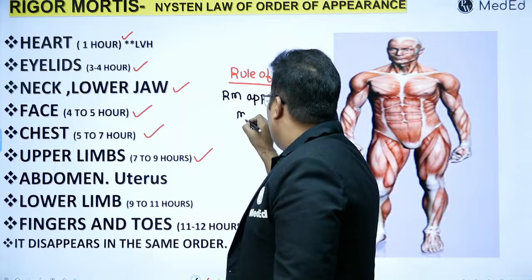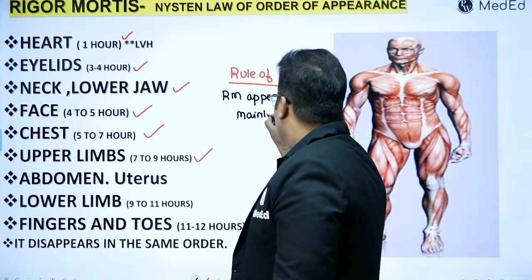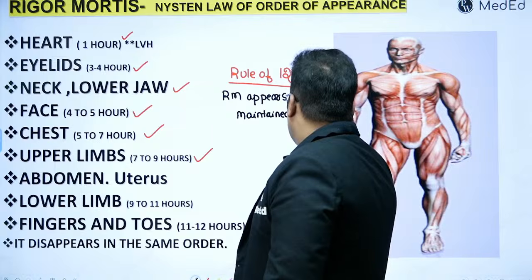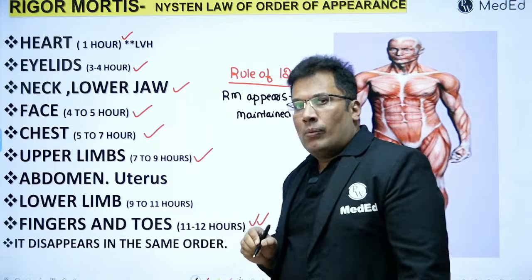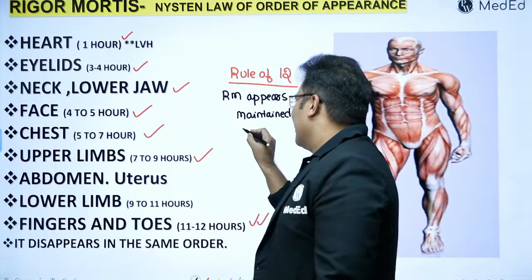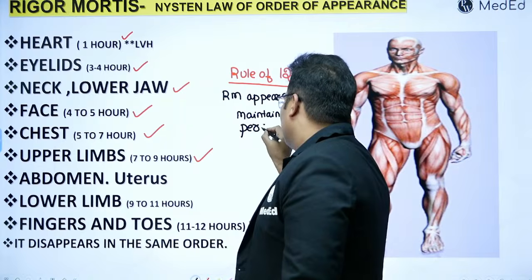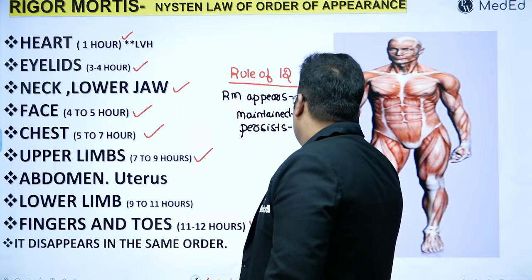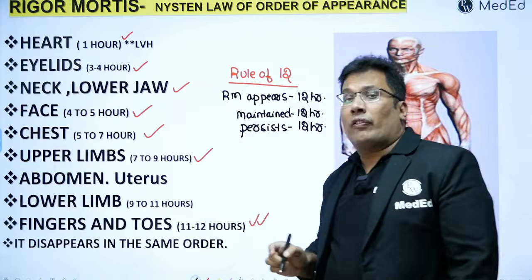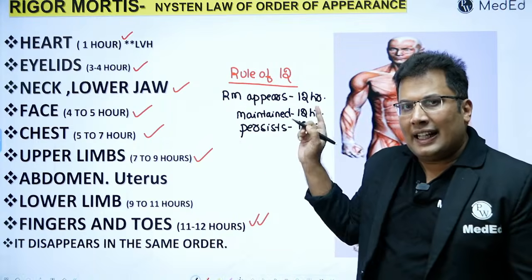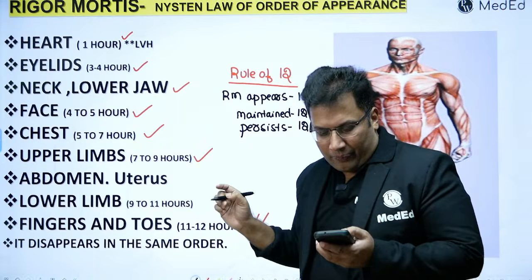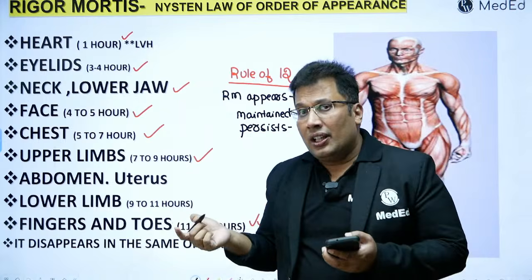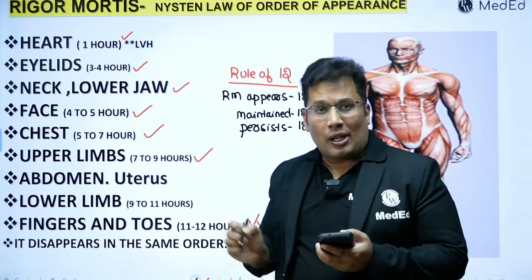It is maintained for 12 hours, and it persists for 12 hours. So this is known as the rule of 12. It is a commonly asked 3 marks question. There are many rules, like the rule of 9 in bone injury, and the rule of 12 in case of rigor mortis.